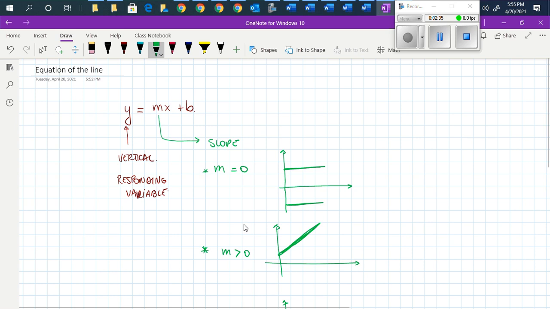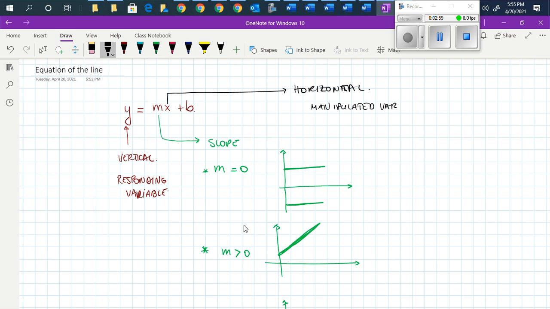And x is whatever is on the horizontal axis, which is known as the manipulated variable. The manipulated variable is found by asking the question, what are you changing?